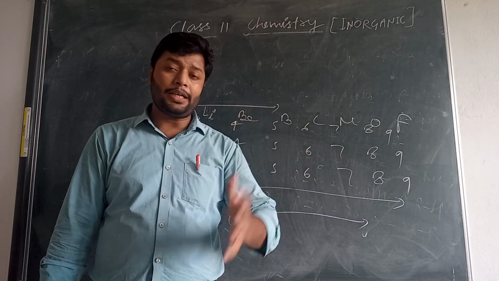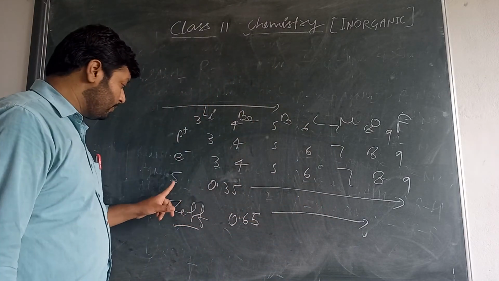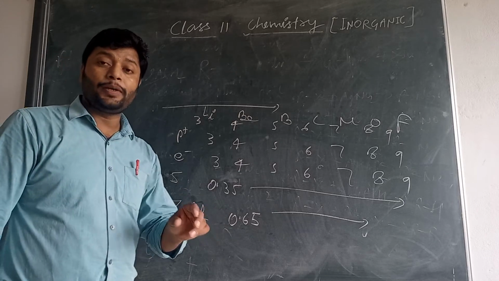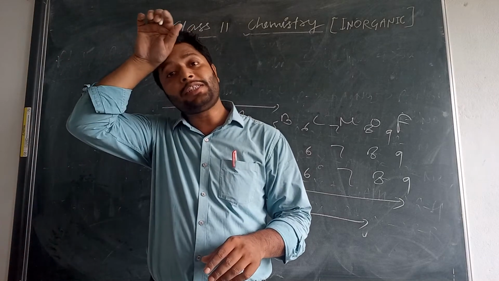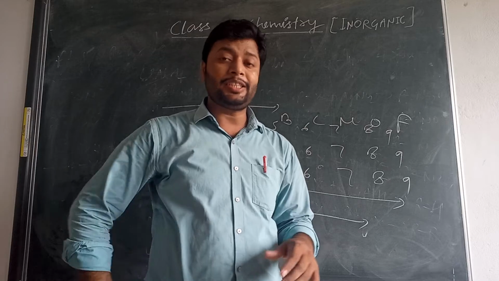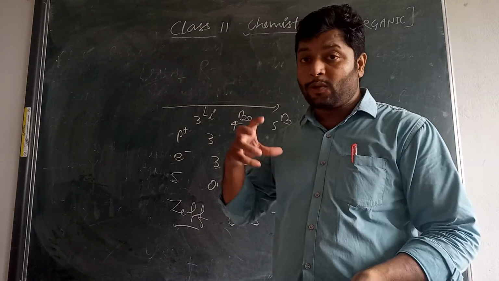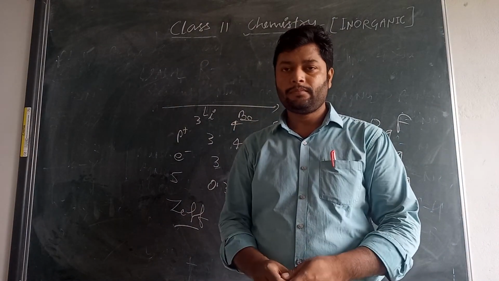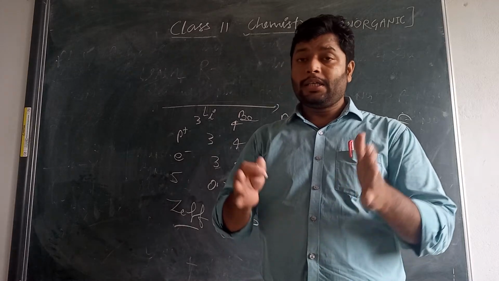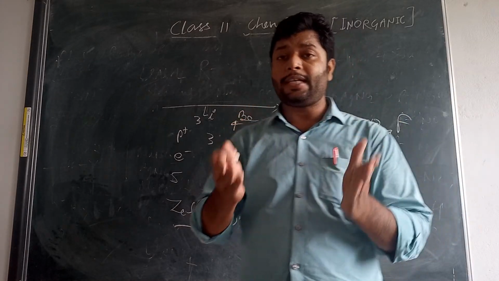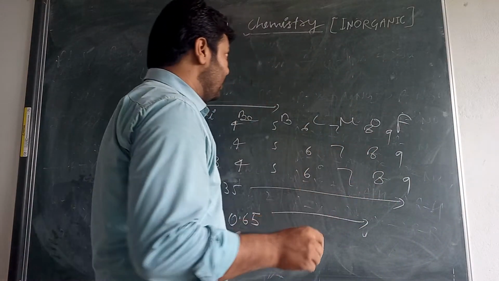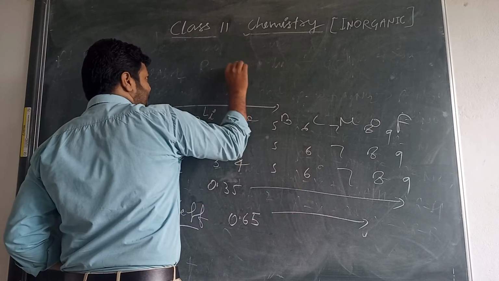How to decide the screening constant value? For that, there is one rule called Slater's rule that will decide the screening constant value, how to calculate it exactly. And for covalent radius, how to decide the radius actually depends upon the bond length. There is a formula.